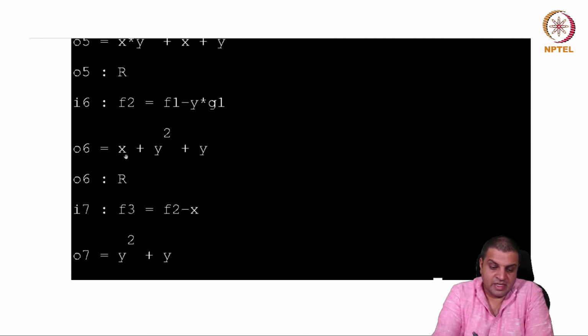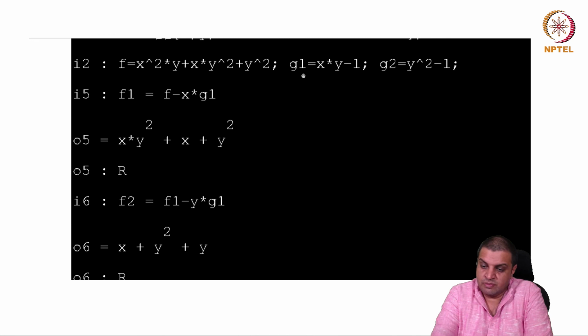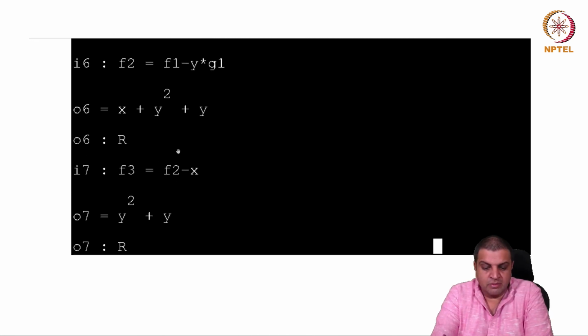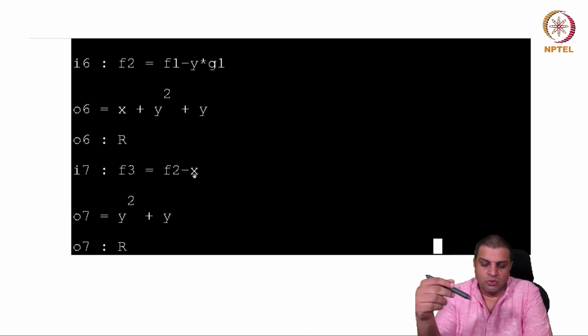Its leading term is x. This is lex, so this is the leading term. It is not divisible by the leading terms of any of the g's. So we just remove that leading term, and write f3 as f2 minus x. This is a case where the change ck is 1. In the previous two stages it was 0, now it is 1. So we forcibly remove the initial term.